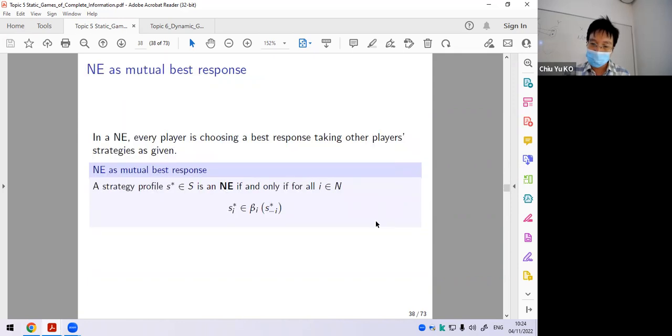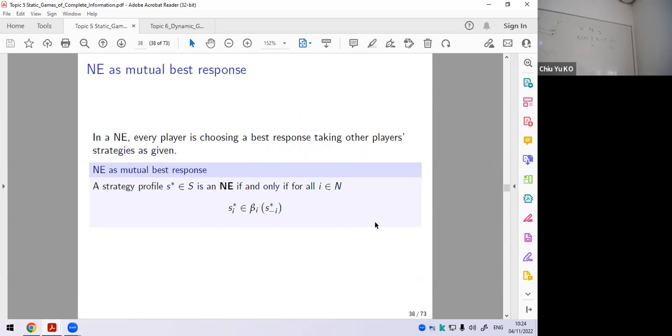With this knowledge, we can define what a Nash equilibrium is. It's what we call a mutual best response. Of course, same as this, no unilateral deviation, but this is a mutual best response.